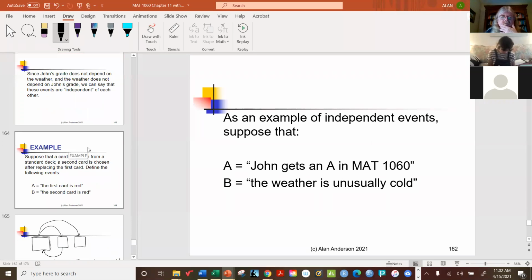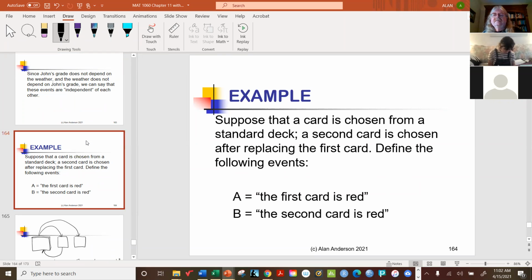Now, let me show you another way in which events can be independent. This is an interesting case because we're going back to the deck of cards and we're doing something a little different with them. We're picking a card from a deck. We look at the card, we put it back in the deck, and then we pick another card. The events will be defined as A is that the first card is red, and B is that the second card is red.